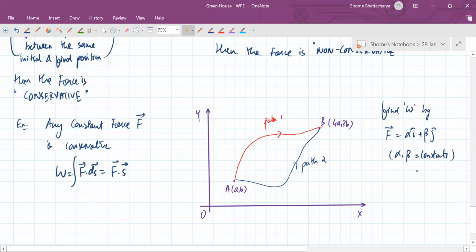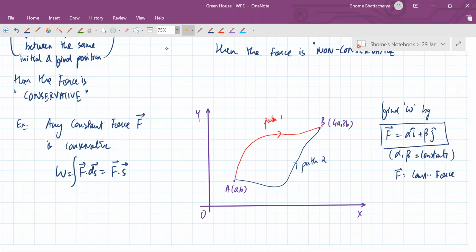So the force we are talking about is a constant force. Then it doesn't matter whether we go by path 1 or by path 2.